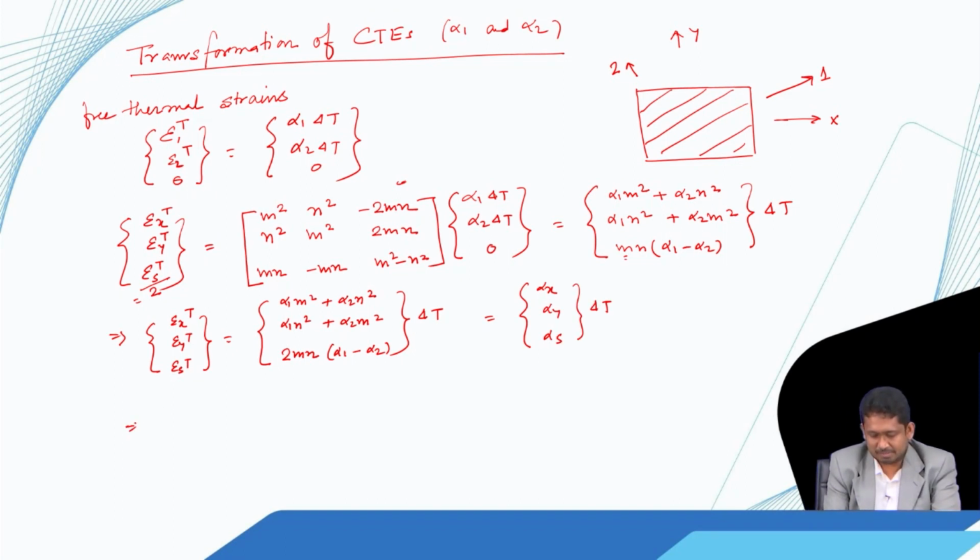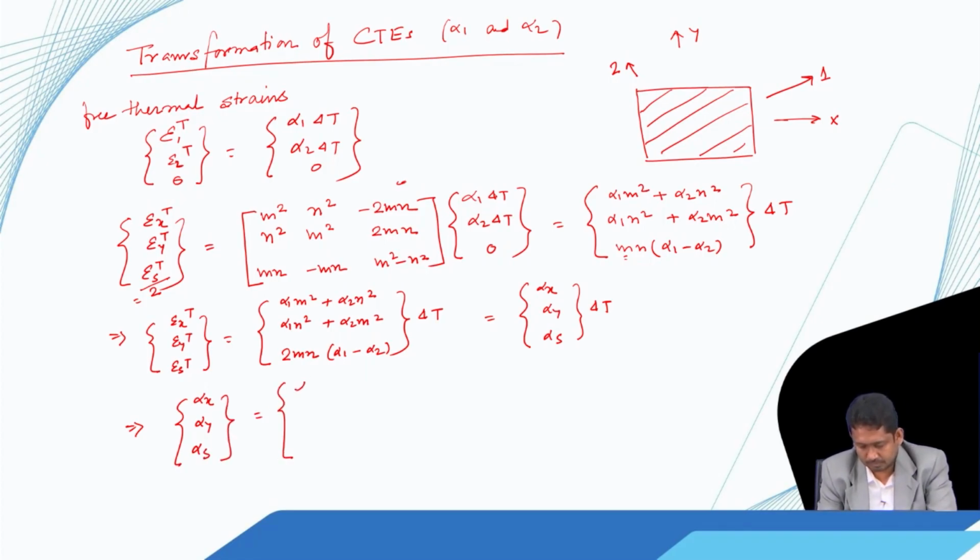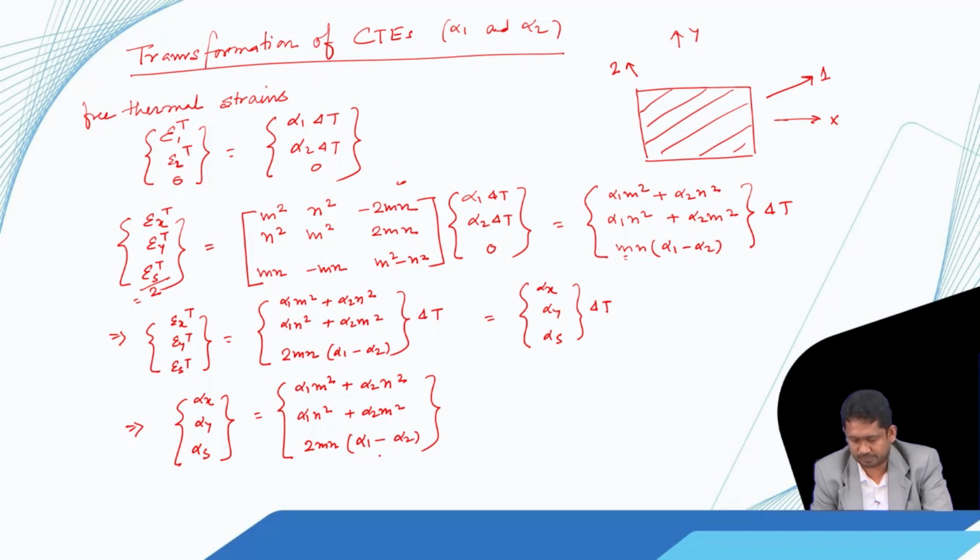So, that tells me that the expansion coefficients alpha x, alpha y and alpha s are equal to alpha 1 m square plus alpha 2 n square, alpha 1 n square plus alpha 2 m square, and here we have 2 mn alpha 1 minus alpha 2.